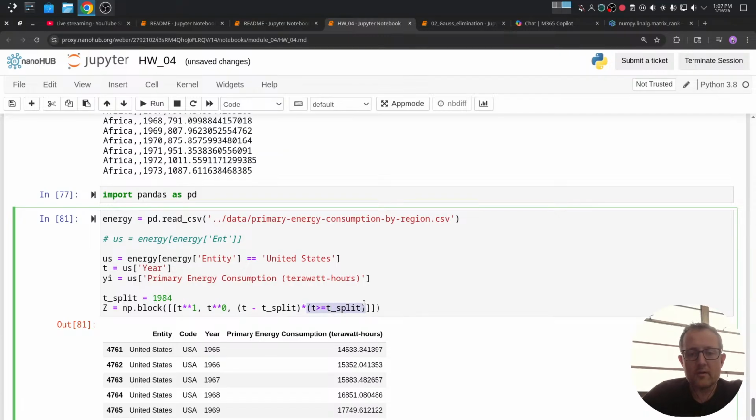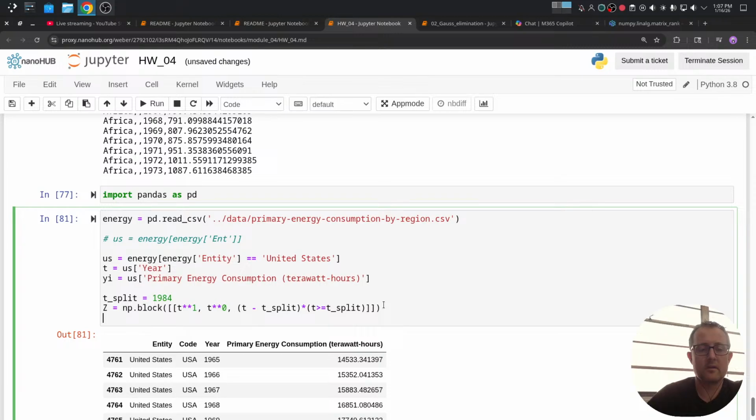Whenever you have a Boolean like this, it's either a 1 or a 0. So when this is true, it becomes a 1, so it's 1 times T minus 1984. When this is false, so if in 1970, this becomes a 0, so this whole term becomes 0.